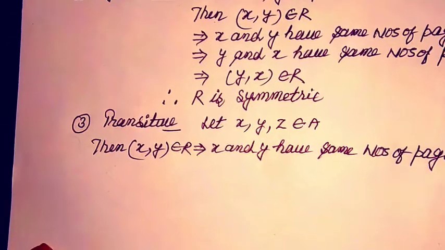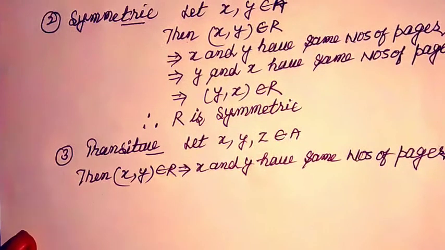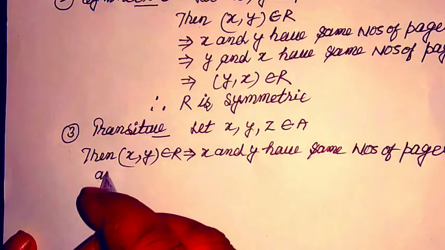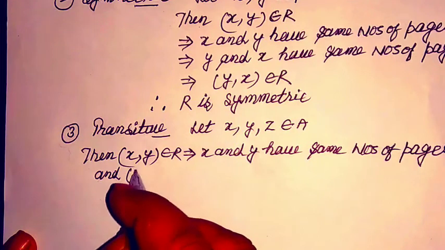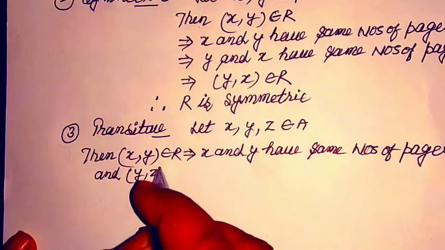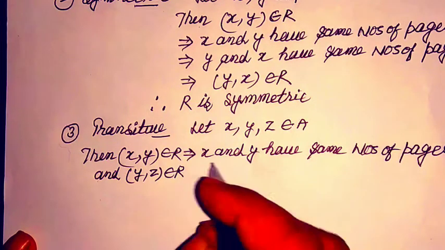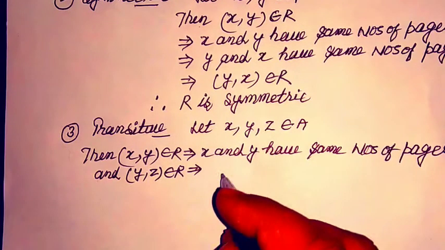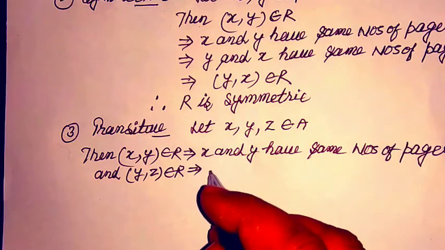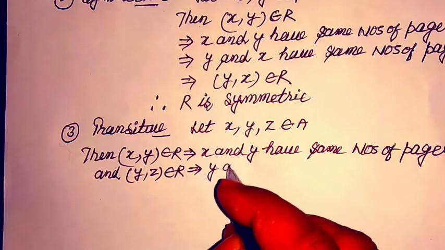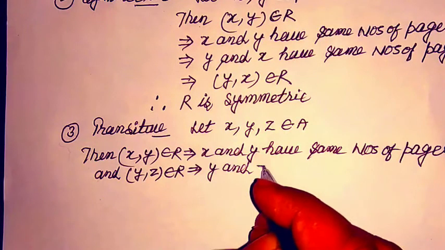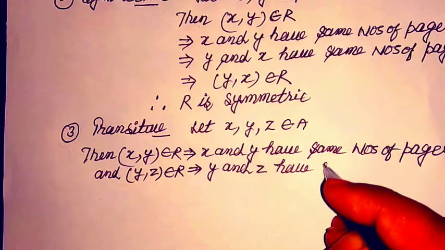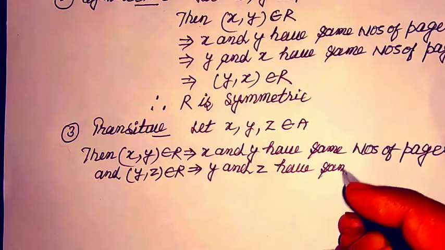And (y, z) belongs to R, so we can write for the given relation, y and z have the same number of pages.